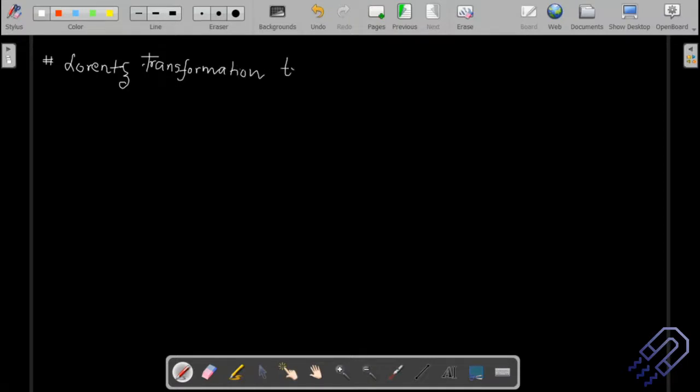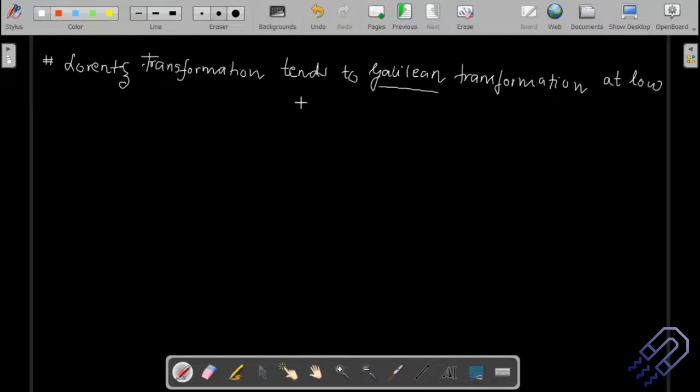This Lorentz transformation will tend to the Galilean transformation at low velocity, because the Galilean transformation is only valid at low velocity.